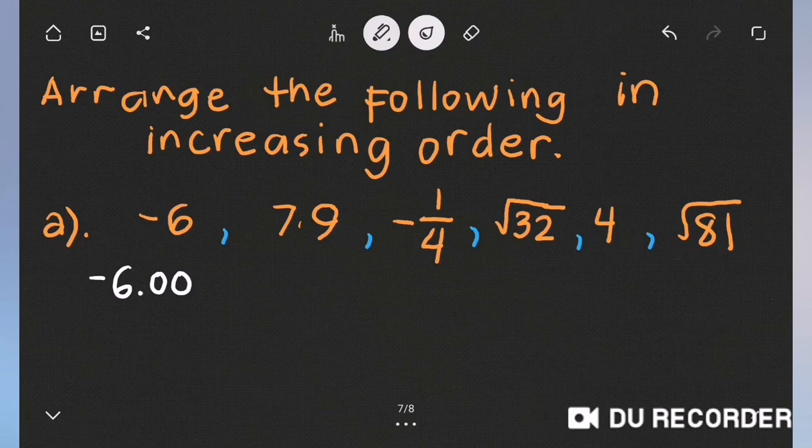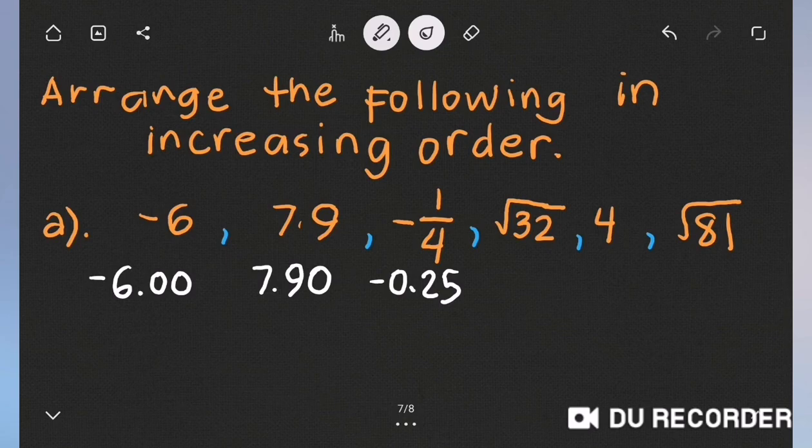So negative 6 is negative 6.00. We're going to rewrite them into decimal form into hundredths place. So 7.9 is 7.90. For negative 1/4, we have negative 0.25.